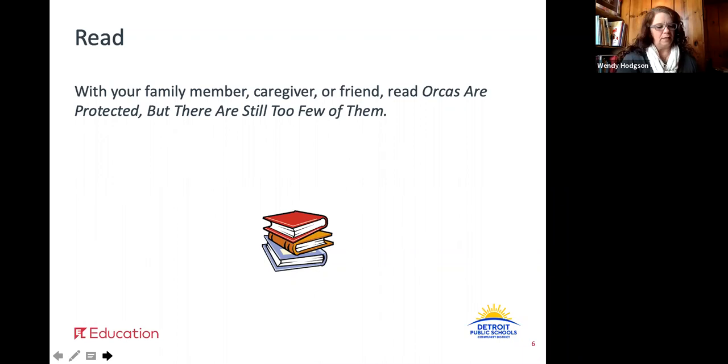Orcas are protected, but there are still too few of them. It would be so much easier if the whales faced just one problem, but they don't. For many reasons, the number of killer whales, or orcas, is shrinking, not growing.